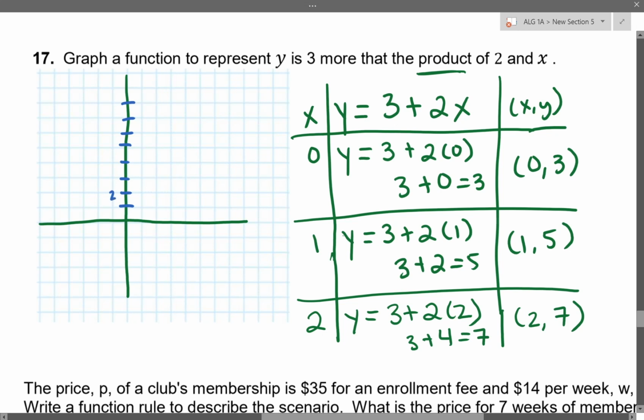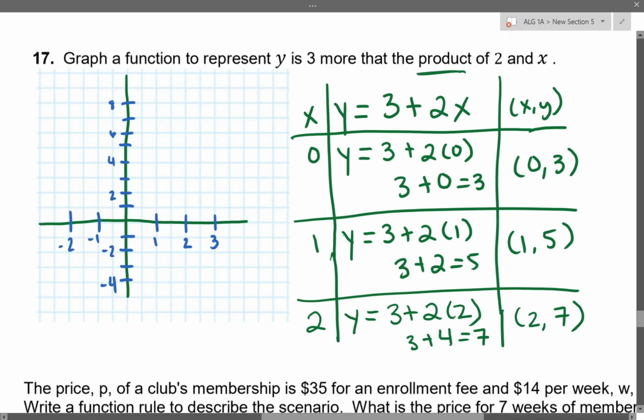So we'll do 2, 4, 6, 8. And then I have, let's do 2, skip 2. So it's 1, 2, and 3. Then I have 1, 2, 3, and 4. So it's -2, -4. And then 1, 2. -1, -2.